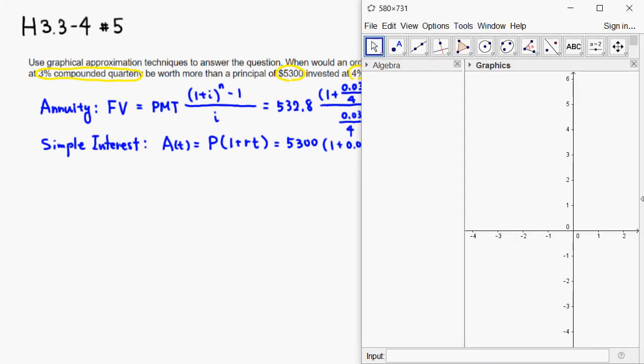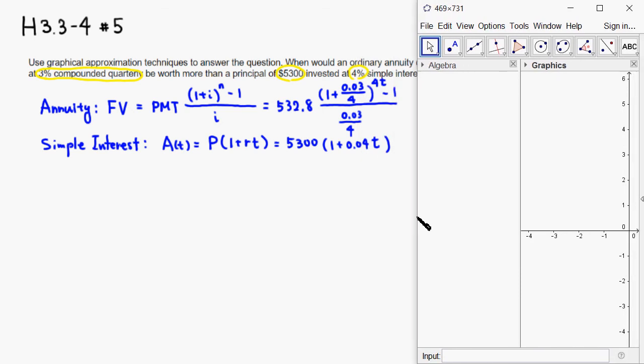Right, so first thing I'm going to do is type in what I'll call the future value of x. It's a future value function. GeoGebra uses x as a variable instead of t, so I'm going to use x there instead of t.